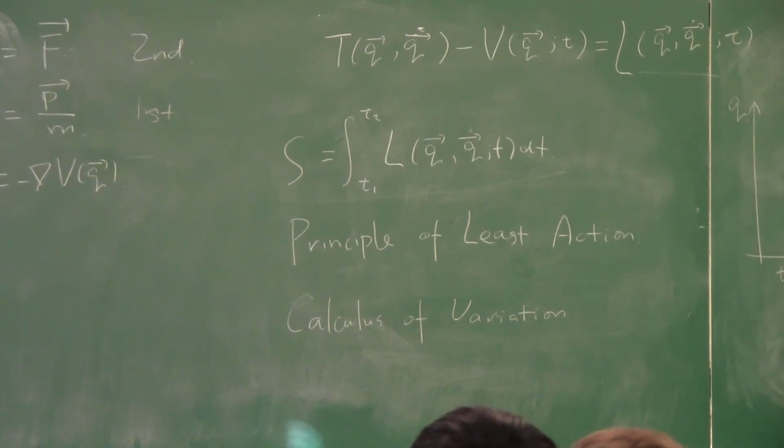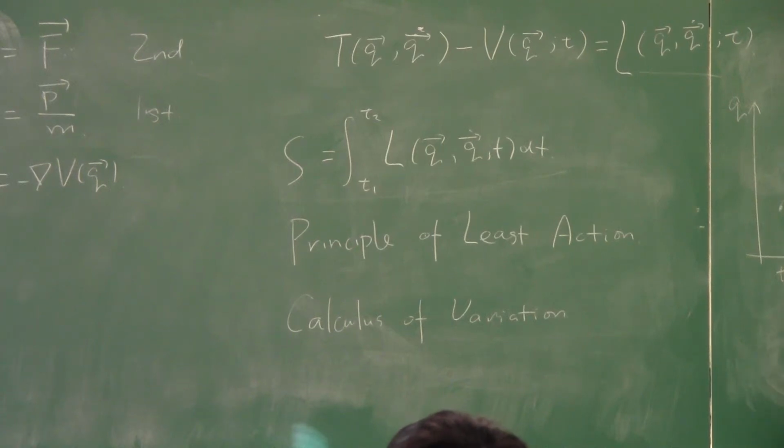So let's say that the system starts from t1 to t2, and we know the coordinate. So we're doing fixed endpoint physics. Okay, and any curve that connects these two defines a path that the system evolves through.